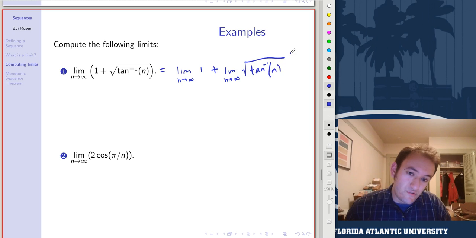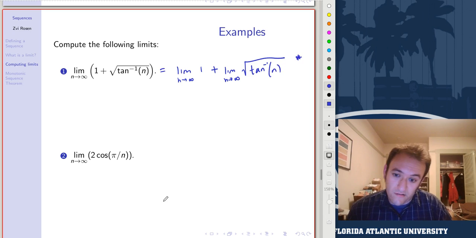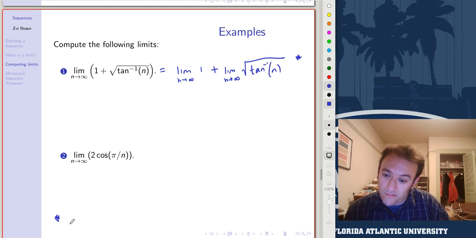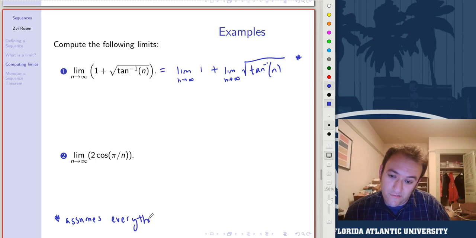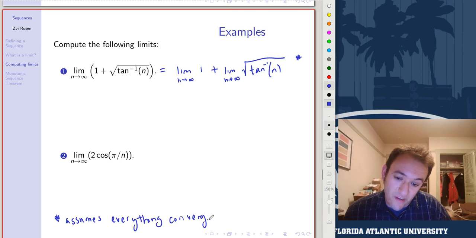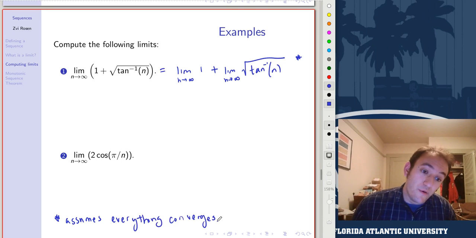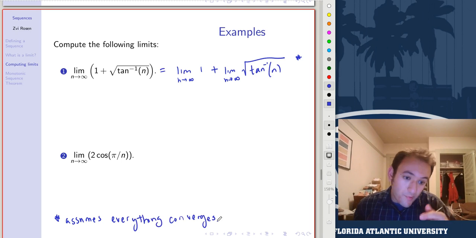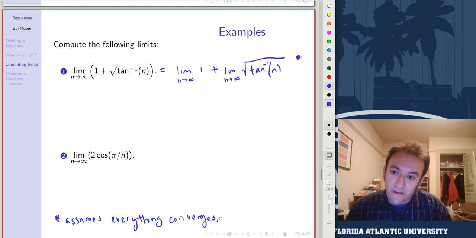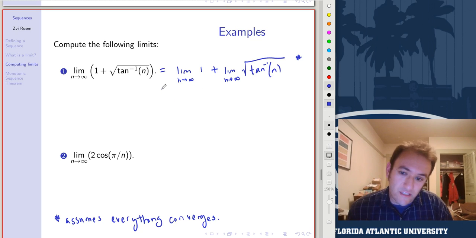Okay, and this does assume, I'm going to put a star here, assumes everything converges. Okay, a lot of messy things can happen if you try to apply the limit laws when the component sequences don't actually converge. So let's assume for now that everything converges, and we'll see later if that's justified.